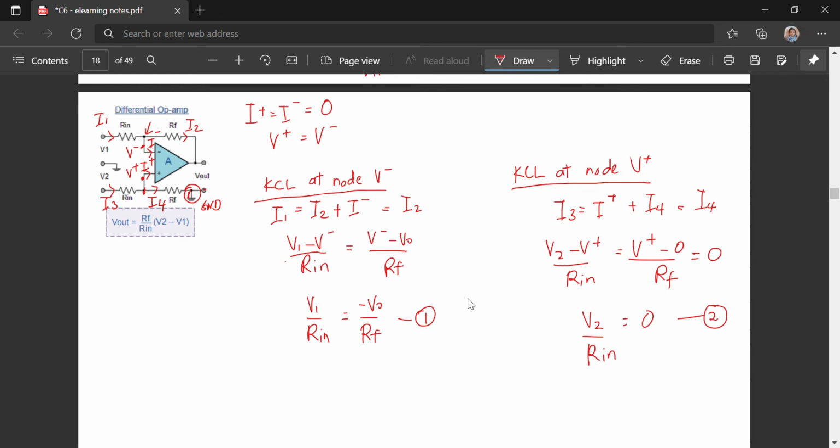So we take the difference between both equations, 1 minus 2.